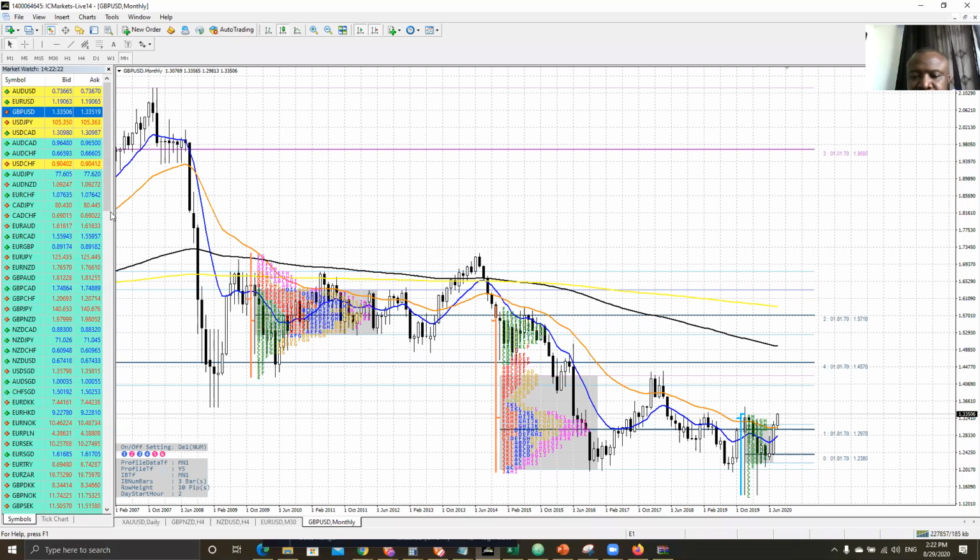And the only area that's available that the chart needs to overcome before blowing out is this area, which is where we are now.